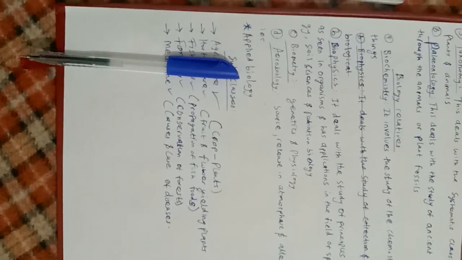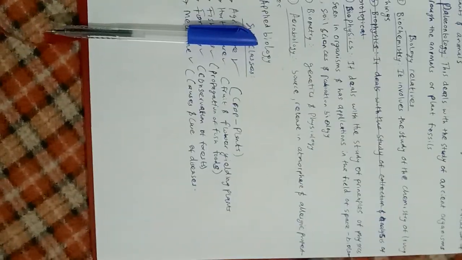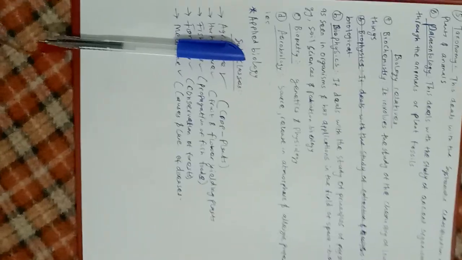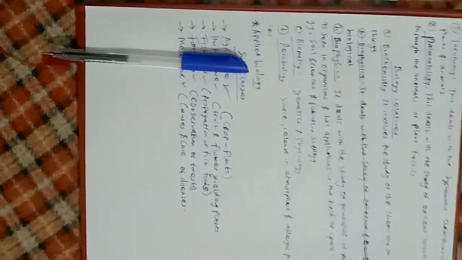That is, they depend on already made food, which they get from plants and animals. Basically, that gives us the so-called cycle of life, which divides into food chain and food web.